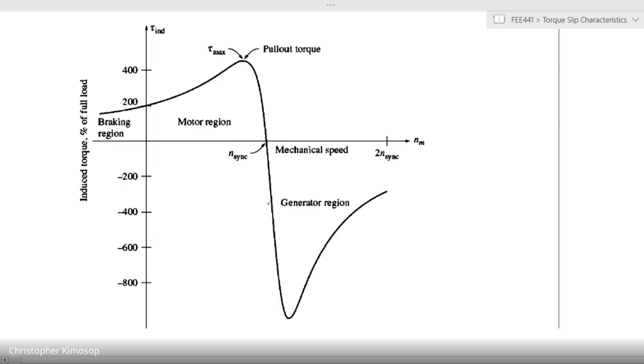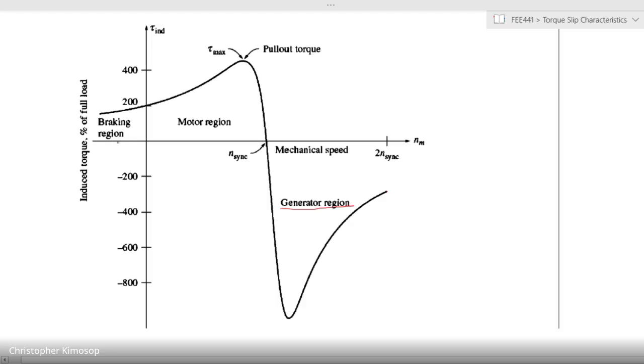So you will see a kind of reflected region down here, which is our generator region, whereby if you have a way of pushing the motor faster than the synchronous speed, you will then be moving into the generator region, whereby now you are putting in mechanical energy and you are getting out electrical energy, which is represented all the way up to double the synchronous speed.